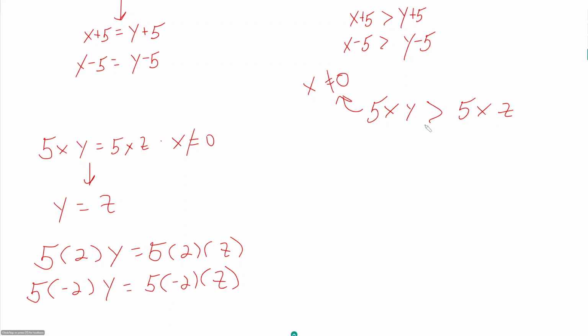So we have the same inequality here, and we know from this it's implicit, x cannot be equal to 0. So does that mean we can divide each side by 5x to say y is always greater than z? And the simple way to answer that is, I would say, come up with a simpler example.